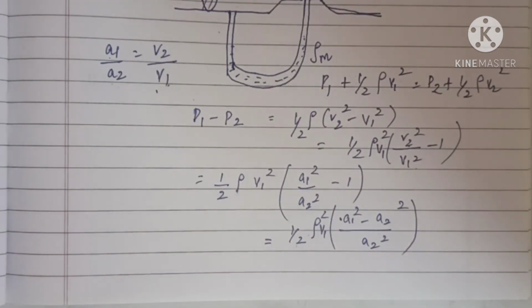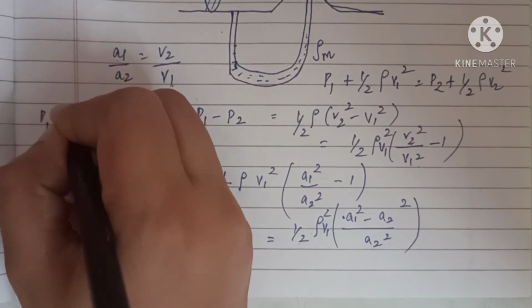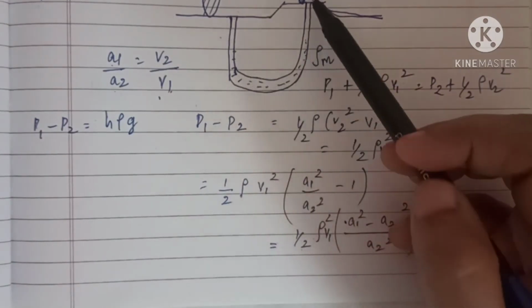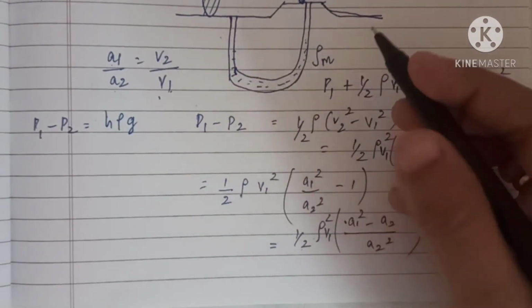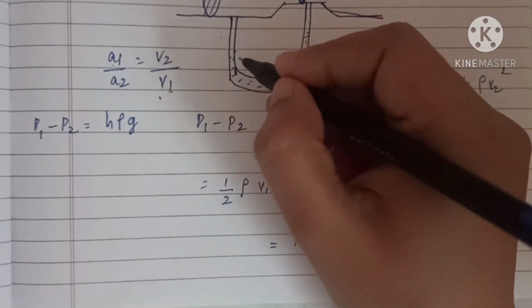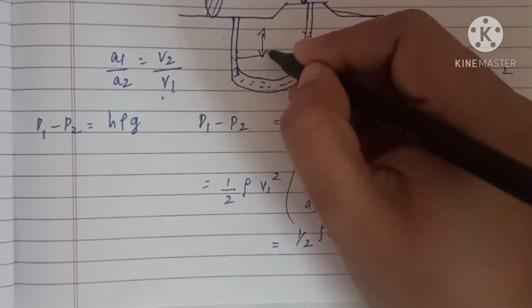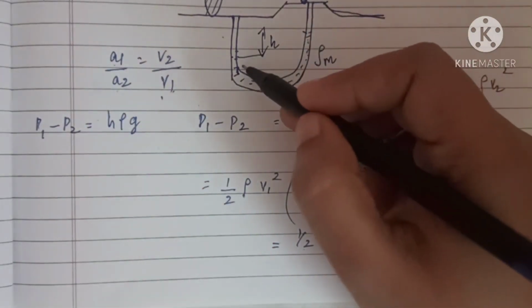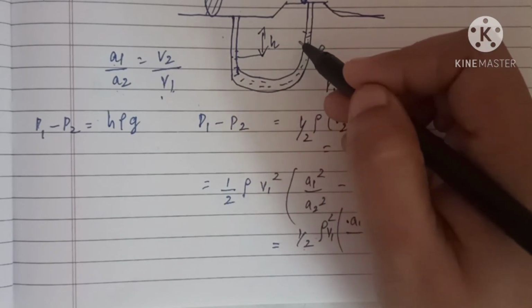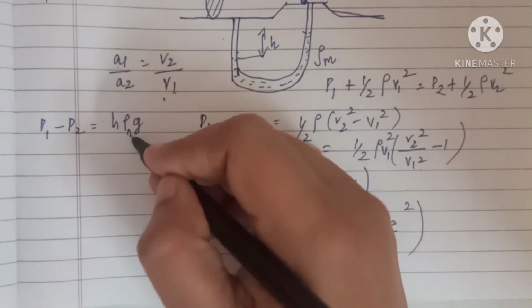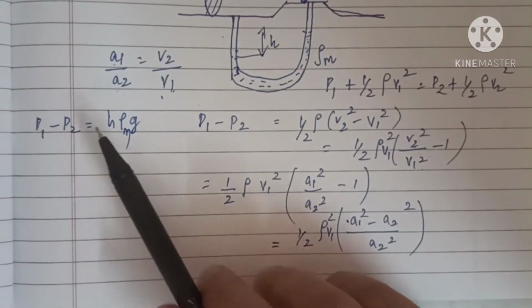Now you have studied that if H is the height difference in two arms of a tube, then the pressure difference P1 minus P2 is equal to H rho G, isn't it? Here we have a U-shaped manometer, and since there is a difference in the height of the liquid level, there is a difference in height called H. So the pressure difference can be written as H into rho into G, and here the liquid has a density rho m, so I can write H rho m G. Understand?